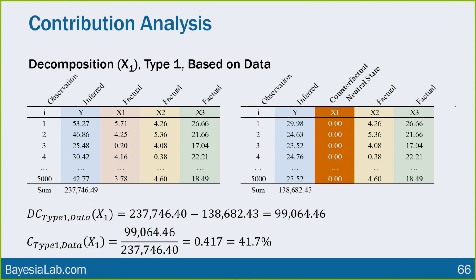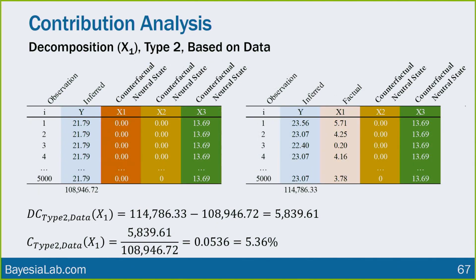In this case, for type 1, we set our driver x1 to 0 for observation 1, then for observation 2, observation 3, and so on, leaving x2 and x3 at the factual states. Then we compare the left and the right panel with each other, and thus arrive again at a contribution. We call this contribution type 1 based on data.